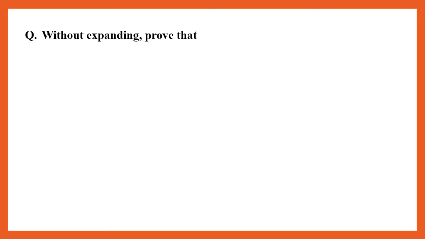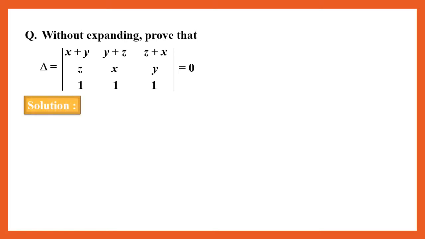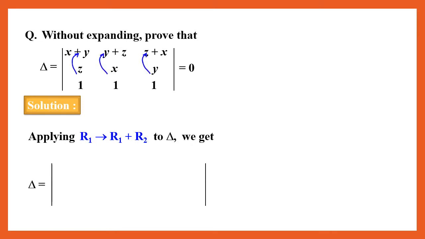Next question. Without expanding, prove that delta is equal to the determinant with rows x plus y, y plus z, z plus x; z, x, y; and 1, 1, 1 is equal to 0. So we apply the property R1 implies R1 plus R2. So when we apply this property to the given determinant, the elements of R1 will be x plus y plus z, x plus y plus z, and x plus y plus z.